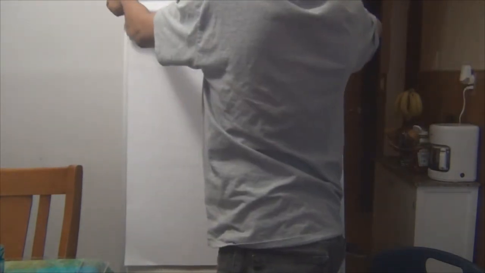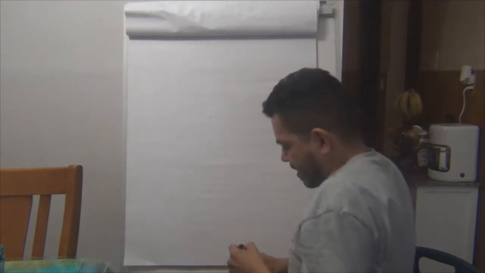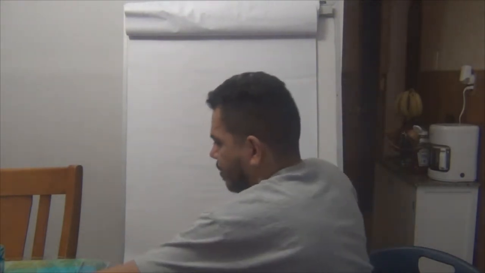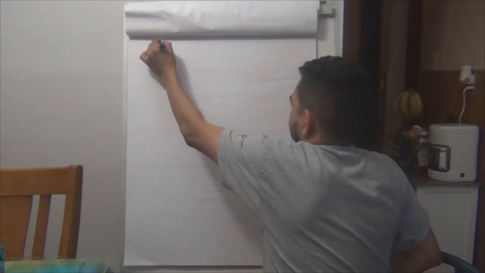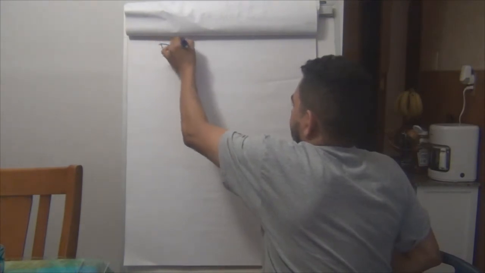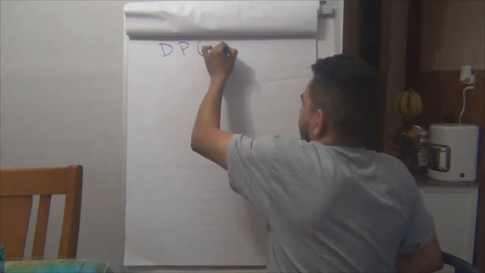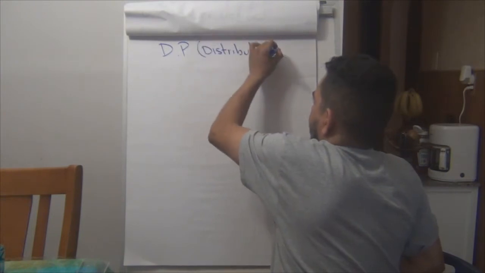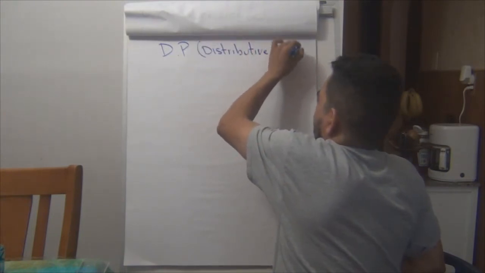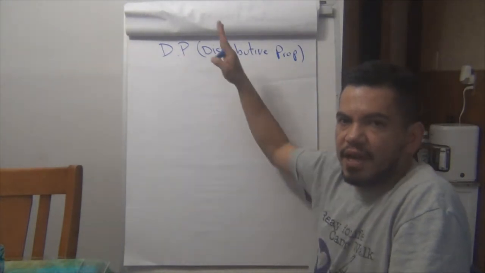Let's take a look at another important property here. This is one of the most important properties, and it's going to be in blue. We're talking about the distributive property.